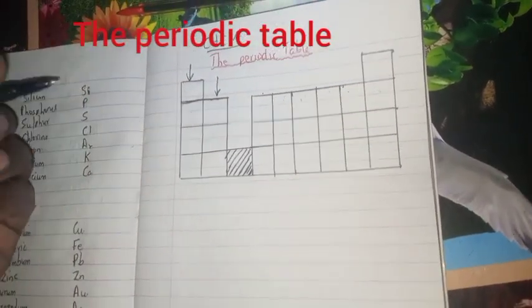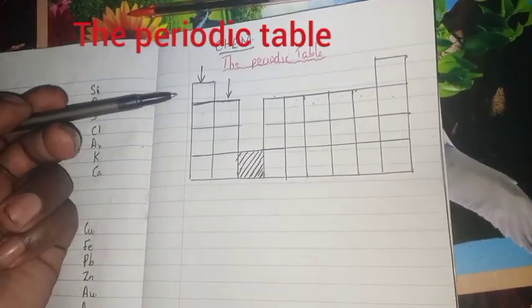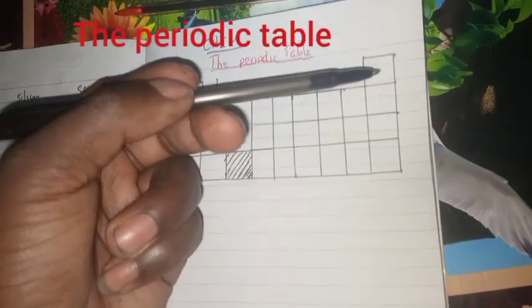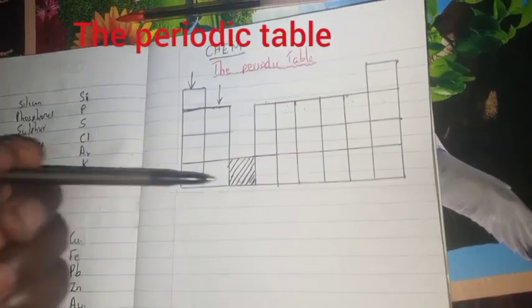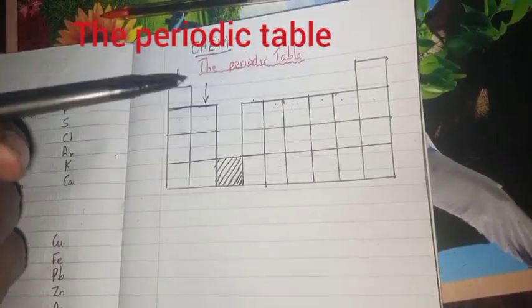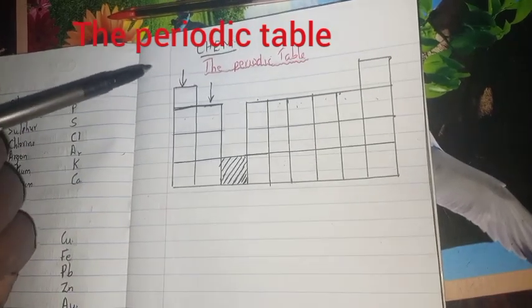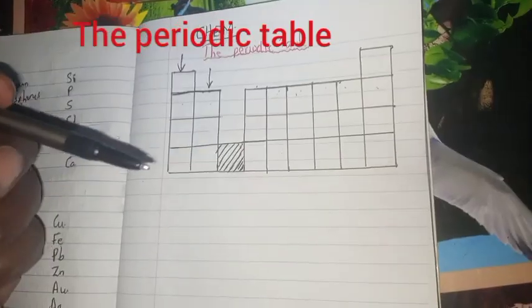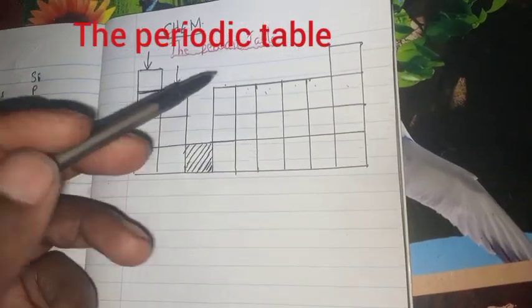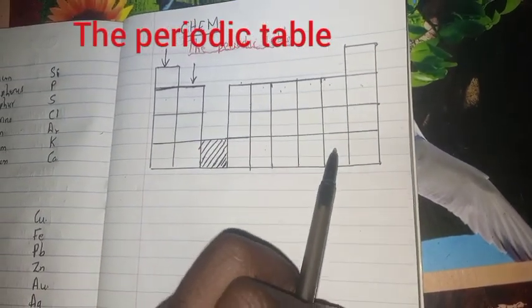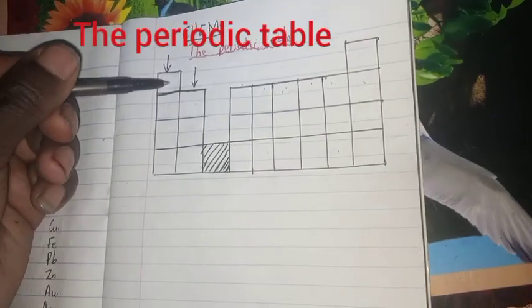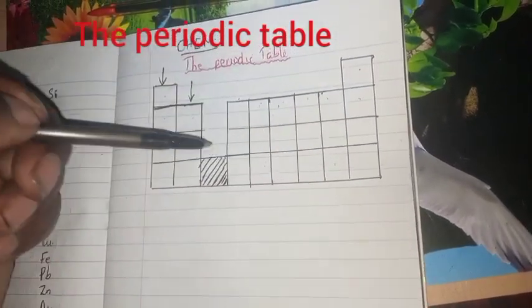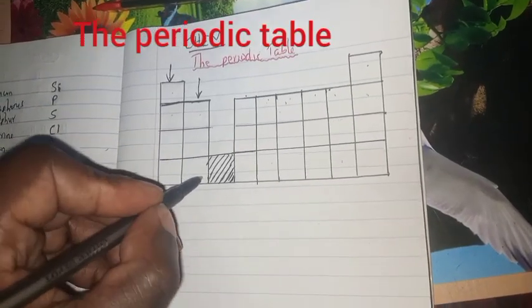And then the horizontal movement, moving from the left hand side to the right hand side, we call it periods. This distribution of elements in accordance to groups and periods is arranged in a table, and that table is what we call the periodic table. This one is element number 1, we have element number 2, 3, 4, 5, 6, all the way to element number 20.